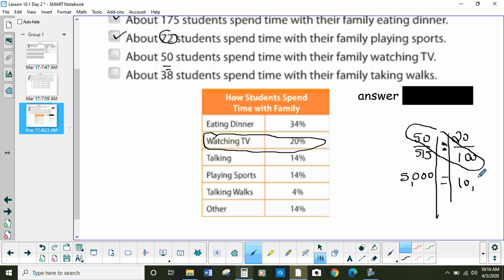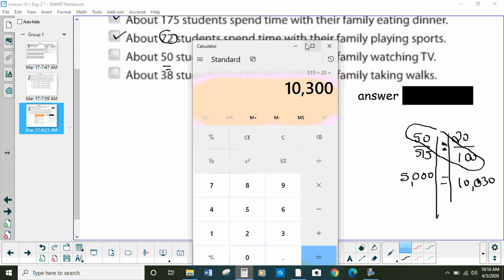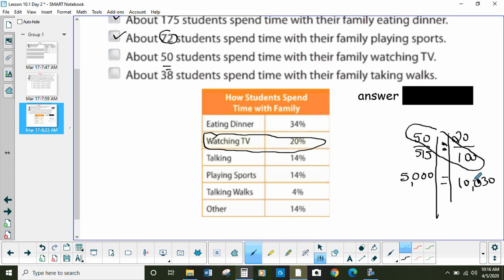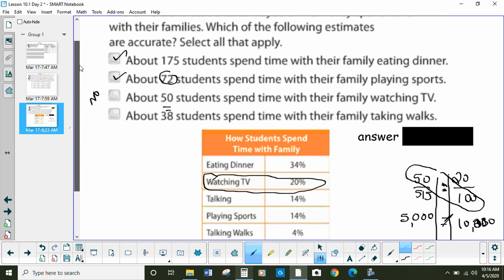I don't think, was it 30 or 300? Let me check that. 10,300. Well, either way, 10,300 or 10,030, neither one of those is close to 5,000. So I would say no. This one's not true. Don't select that, right? That's wrong.